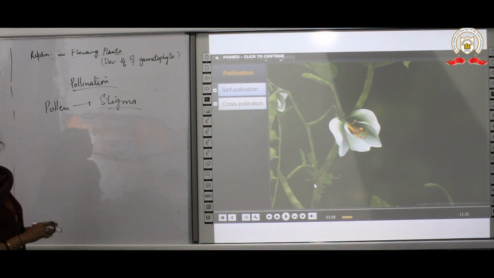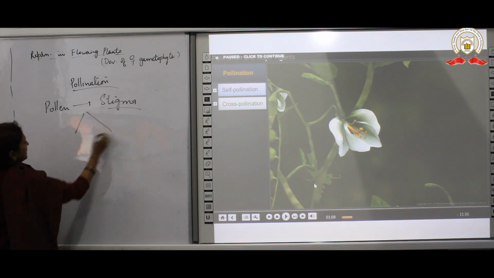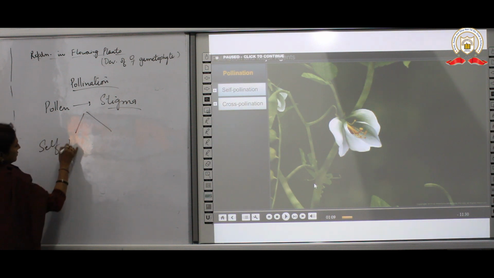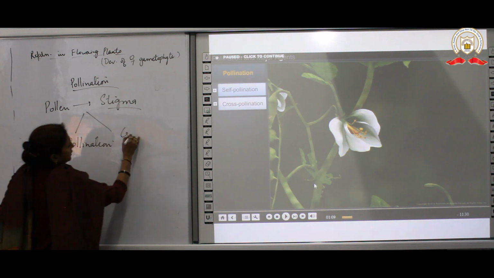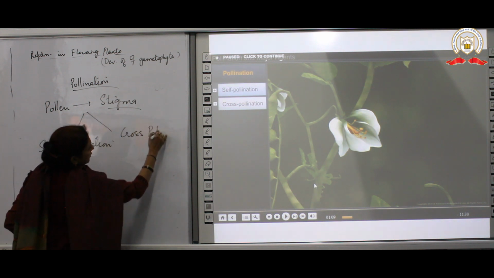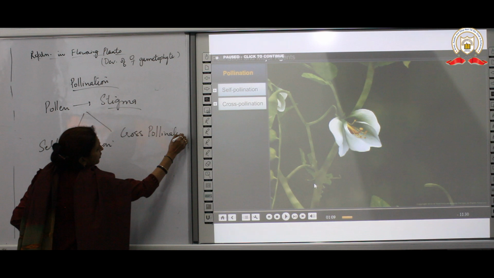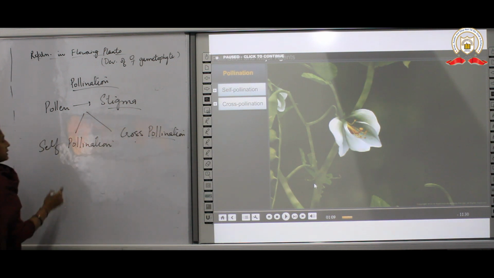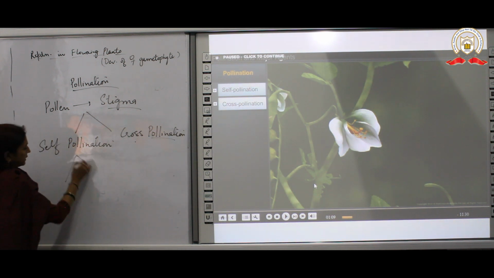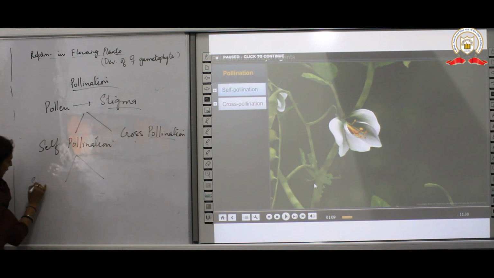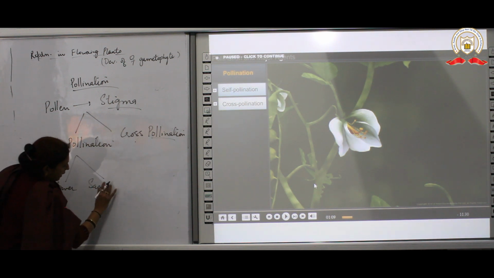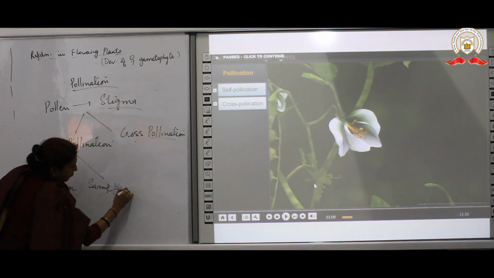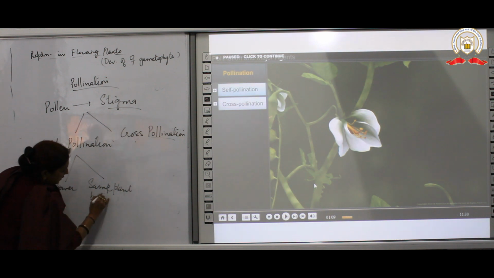Now pollination can be either self-pollination or it can be cross-pollination. Right? You are all aware of these terms, but we study further that self-pollination can be in the same flower, or in the same plant but different flowers.